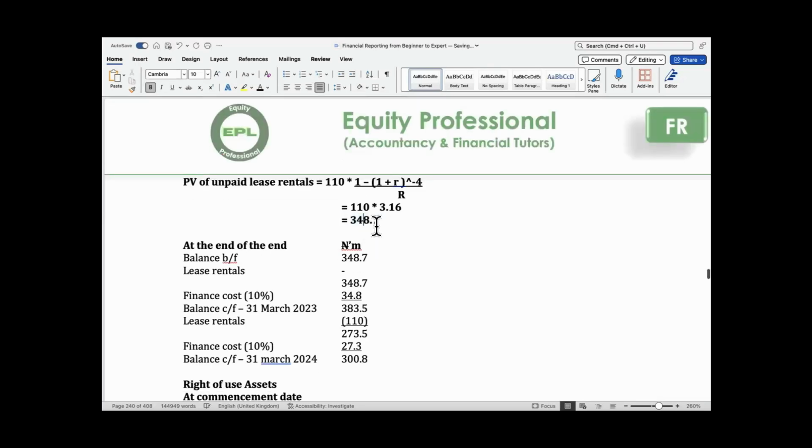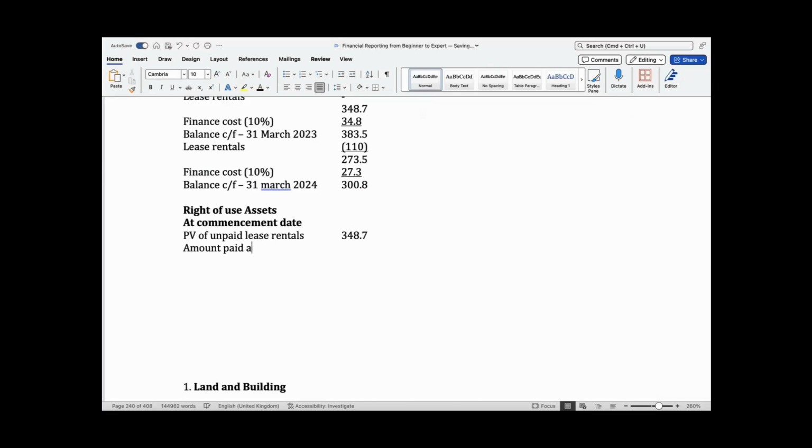Then you add amounts paid at commencement dates. And how much did you pay at commencement dates? 410 million. If you add the two together, it gives you the cost of the right of use assets, which is 458.7, right?